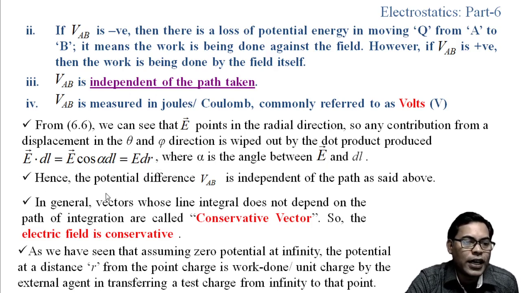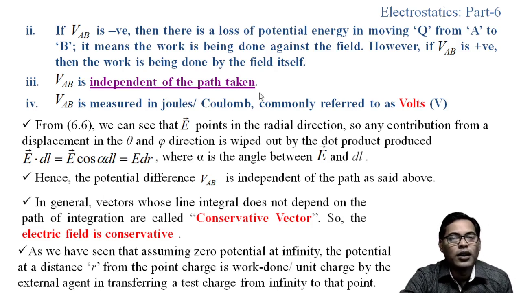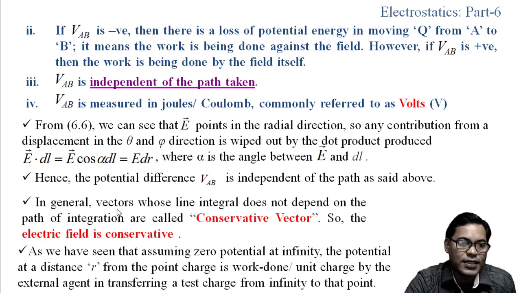So here we have seen that the potential difference VAB is independent of path, as we have discussed now. From that, one important conclusion we can make: if a vector's line integral does not depend on the path of integration, then this vector is called a conservative vector.